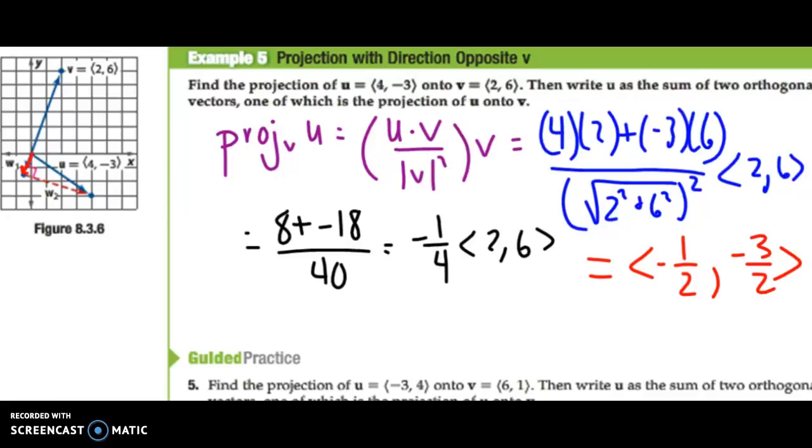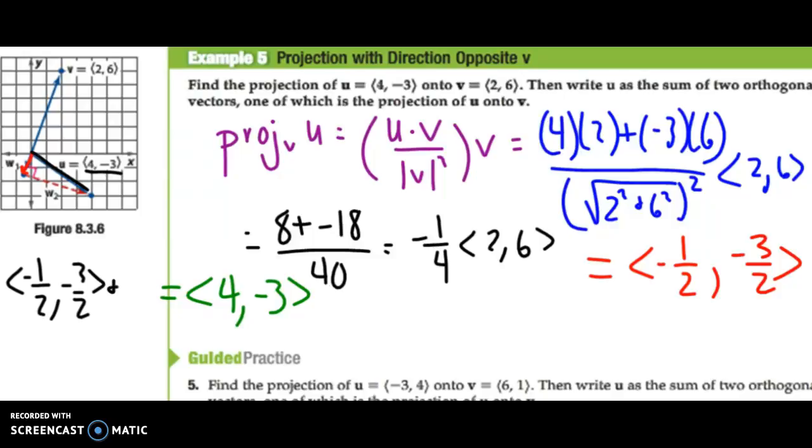So now we need to figure out the next part of u. I'm going to say u is this amount right here. So u, (4, -3), is going to be equal to (-1/2, -3/2) plus some other vector (a, b). So let's figure out what that (a, b) vector is.